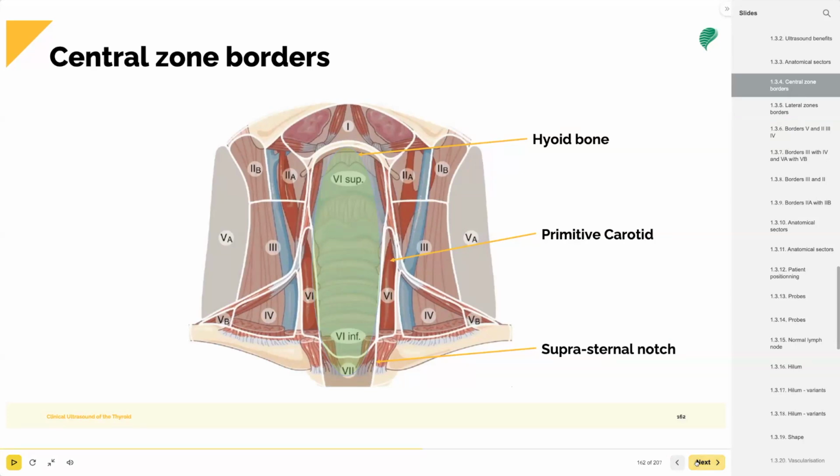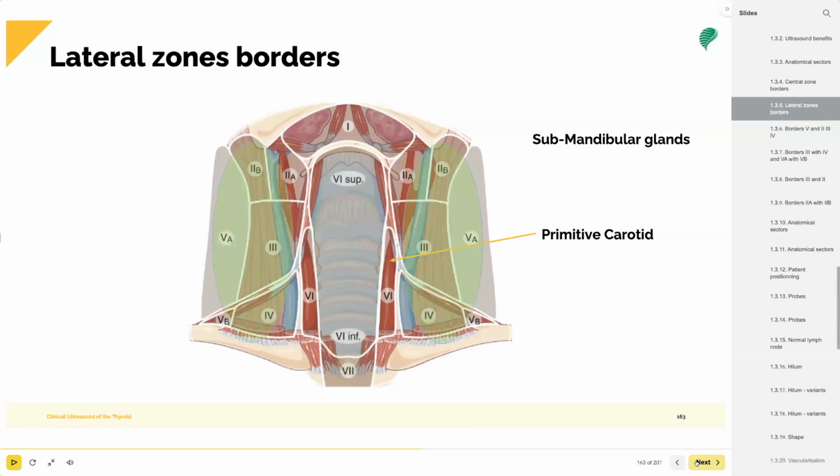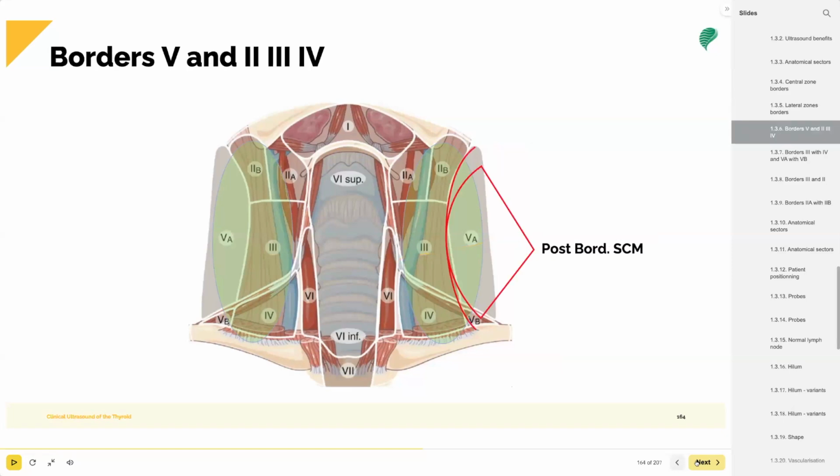Okay, this is an image depicting where the hyoid bone lays in terms of the thyroid lymph regions. These are the lateral zone borders. We have the submandibular glands, and we have the primitive carotid. These are also the borders of the lymph nodes.